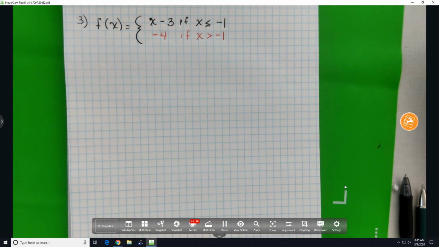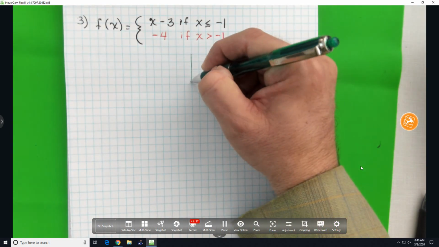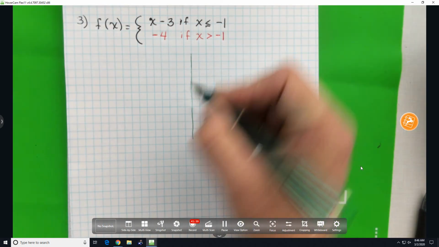Well, I'm going to draw my rectangular coordinate system and decide where each piece goes. We're going to have a black piece and a red piece. There's only one cut point. What number's the cut point? Negative 1. Okay.